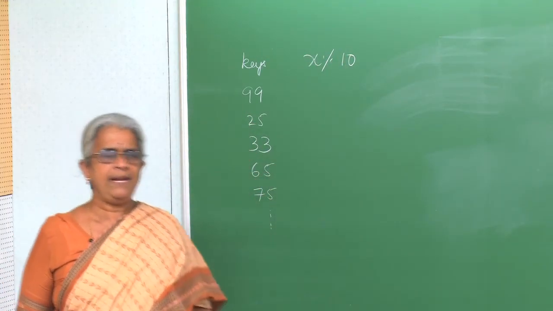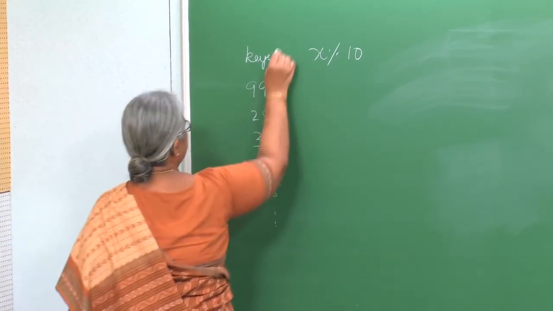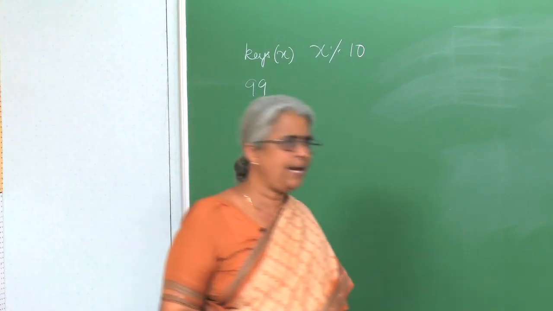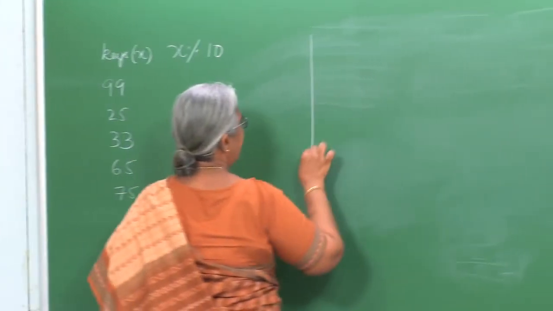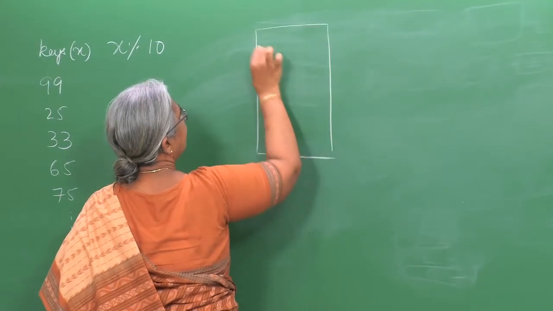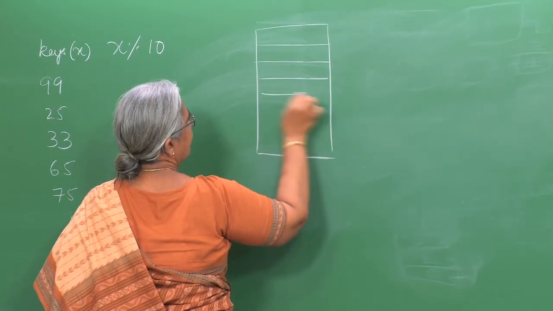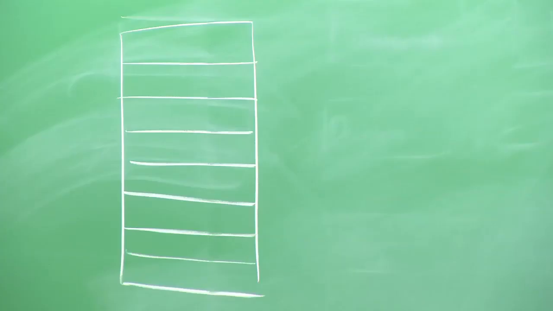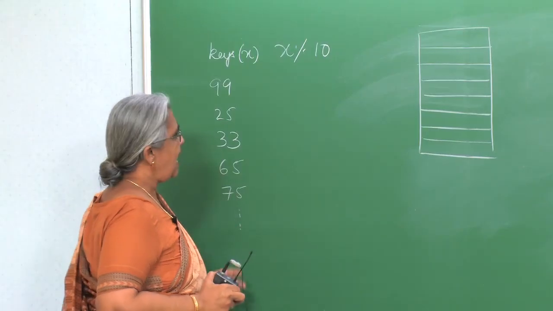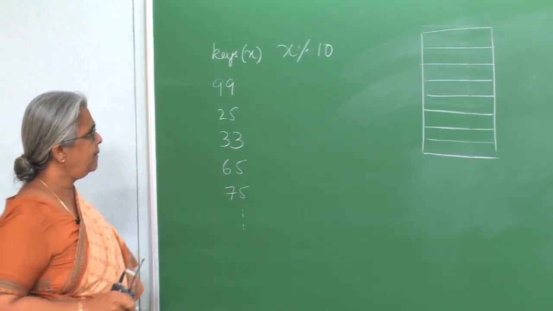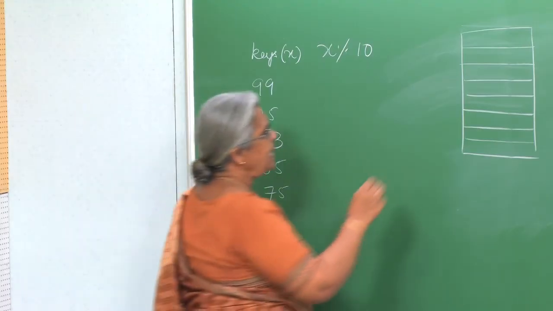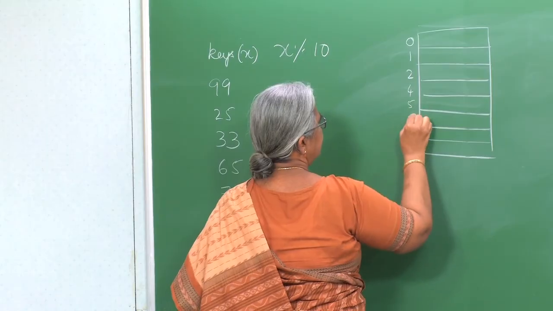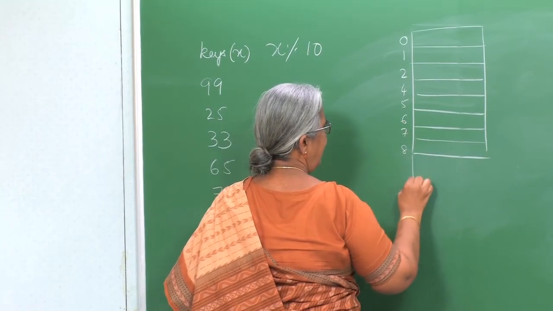So when the key is x, you take the remainder when it's divided by 10, and it goes into an array. And how many elements can this array have at maximum? Clearly, because this is %10 and we are working in base 10, the remainders that you can have are 0 to 9.